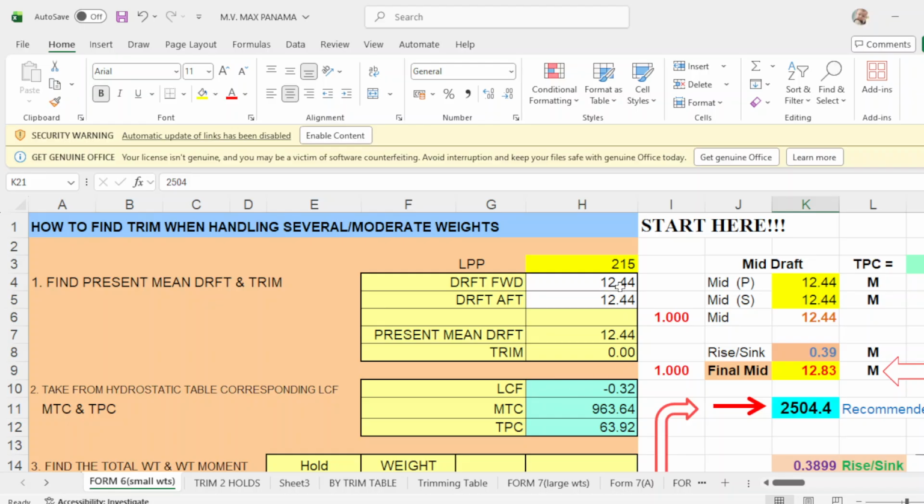So for example, your initial draft forward, you have even keel 12.44 forward, aft is 12.44, and your mid starboard is 12.44, and your density at berth in your lines is 1.00, and upon completion is 1.00. This is your density, okay?